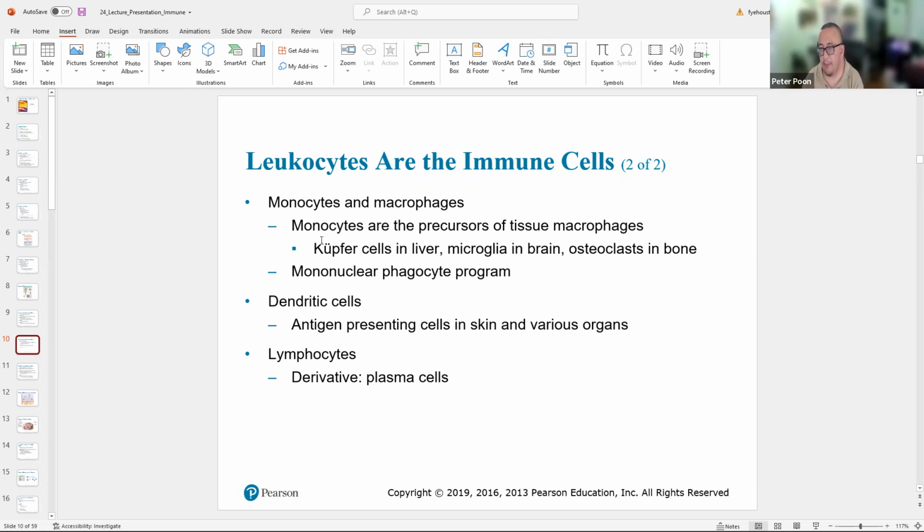Monocytes have different names in different places: Kupffer cells in the liver, microglia in the brain, osteoclasts in the bone, dust cells in the lungs, etc. Dendritic cells are the antigen presenting cells in the skin and various organs. And last but not least, lymphocytes. We'll talk much more about those in a little bit.